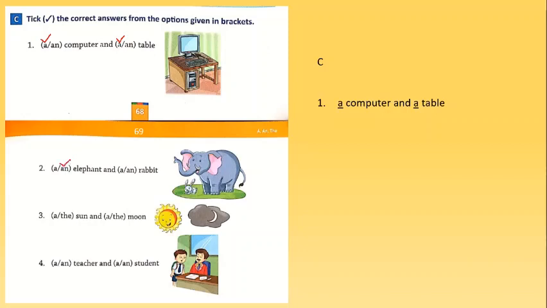Let's put a tick on an. And the second bracket is for rabbit. A rabbit or an rabbit? Yes, correct. It is a rabbit. An elephant and a rabbit.